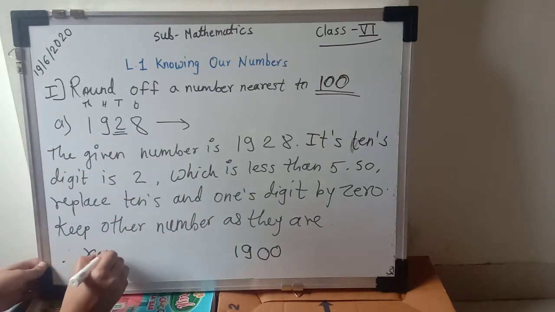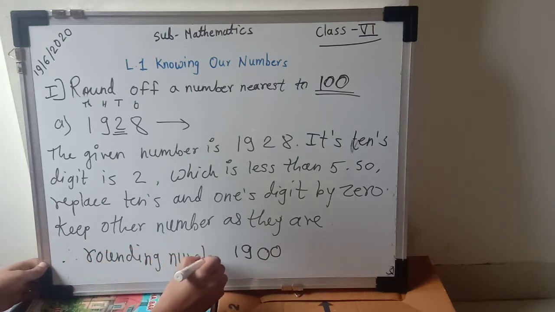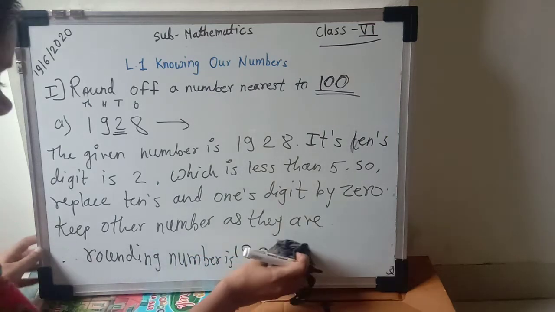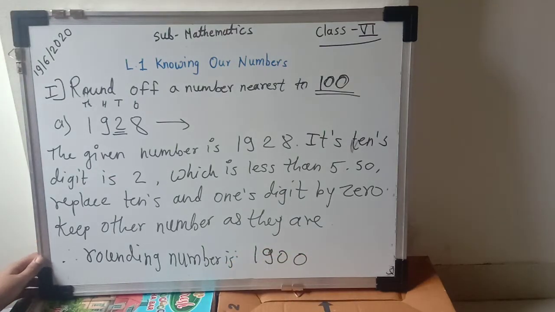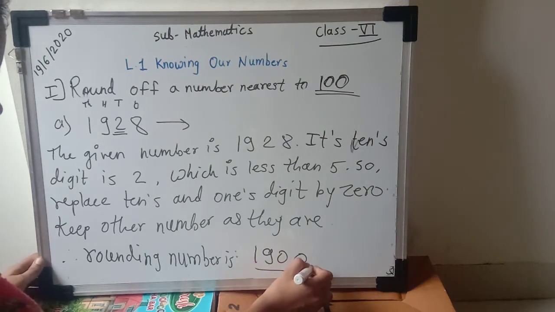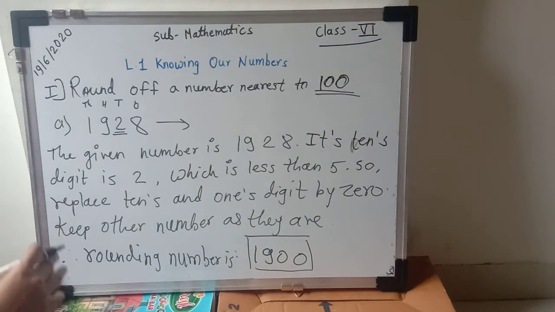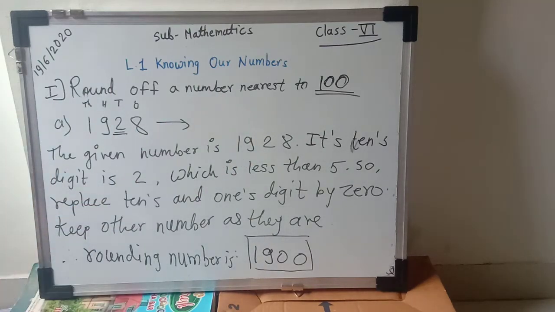Students, if you see, this number is nearest to 100. In this way you have to follow all the steps when you round a number to the nearest 100. Now let's see another example.